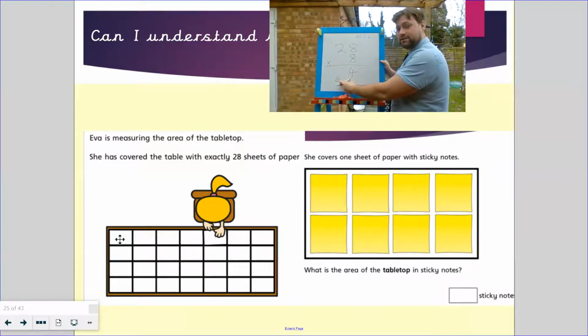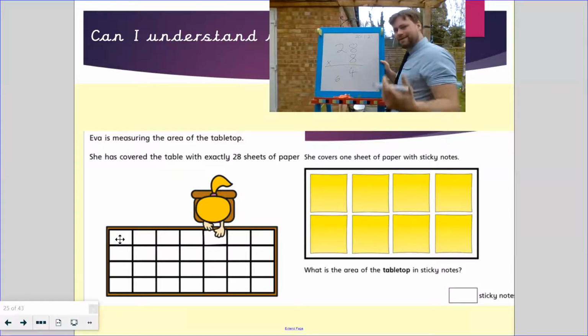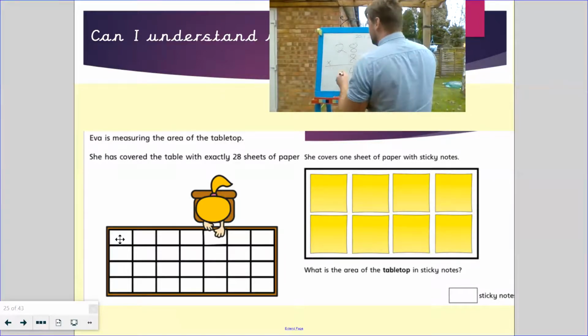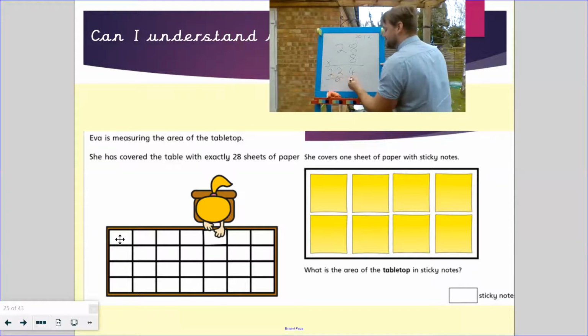And we exchange the 60 into 6 tens, and then 20 times 8 is 160, and remember to add on that 6. So 16 plus 6 is equal to 22. So the area in sticky notes is 224 sticky notes.